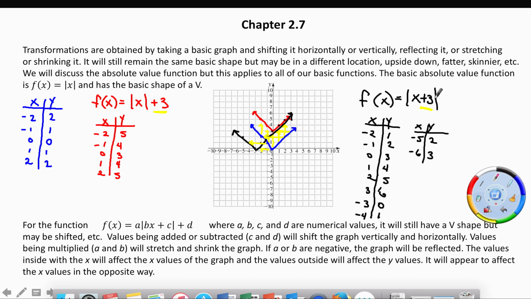Notice this plus 3 moved it up 3, but a plus 3 in here moved it backwards. Okay? Anytime my values are inside with the x, it's going to appear to do the opposite.